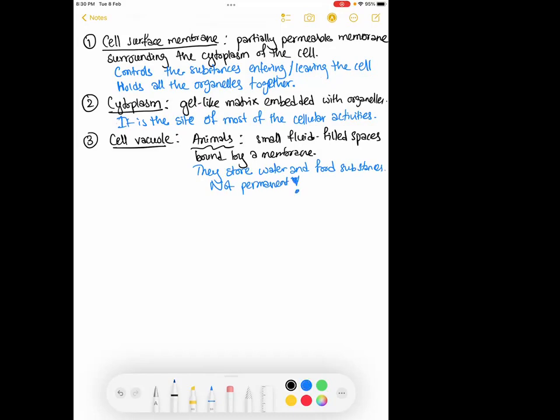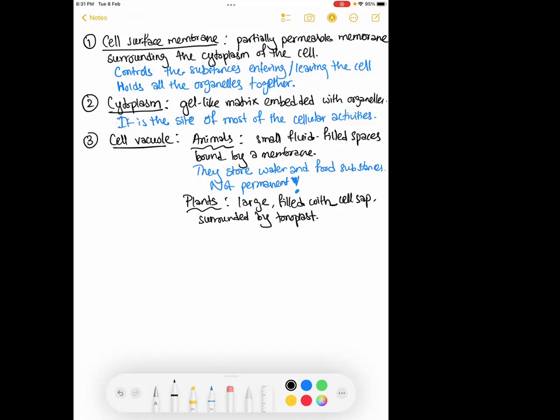Okay, what about plants? Plants' vacuoles are quite large, filled with cell sap and surrounded by tonoplast.